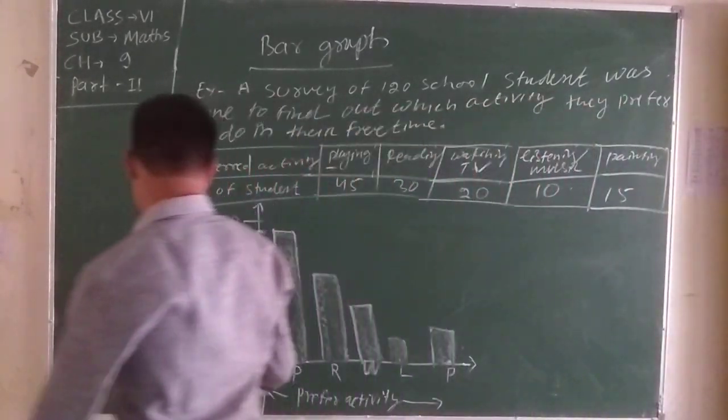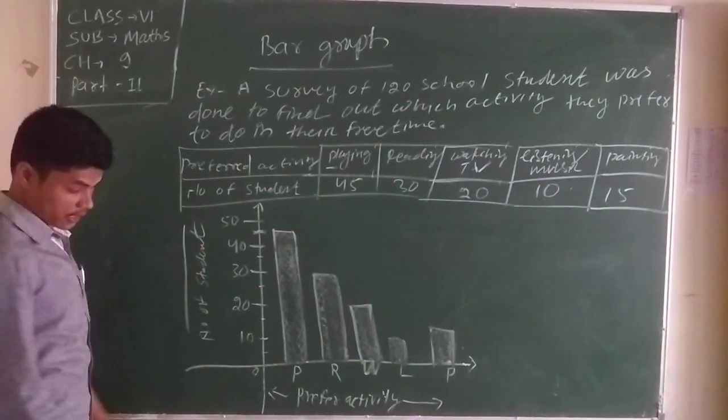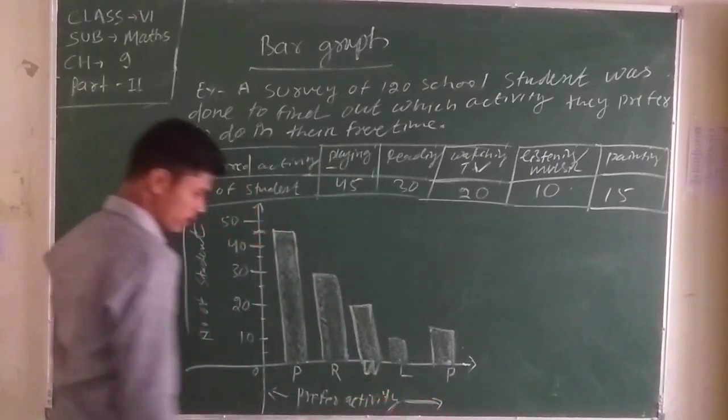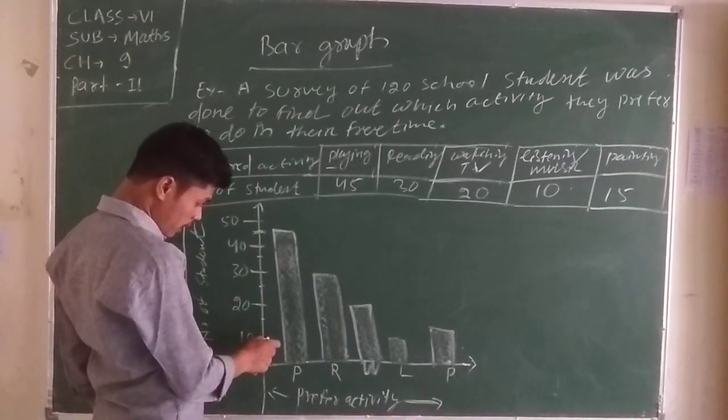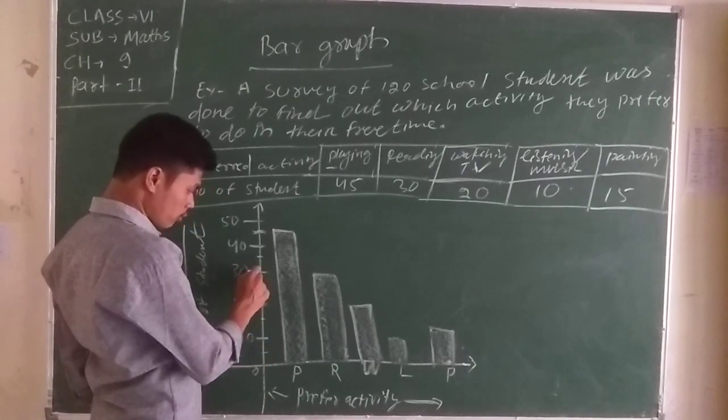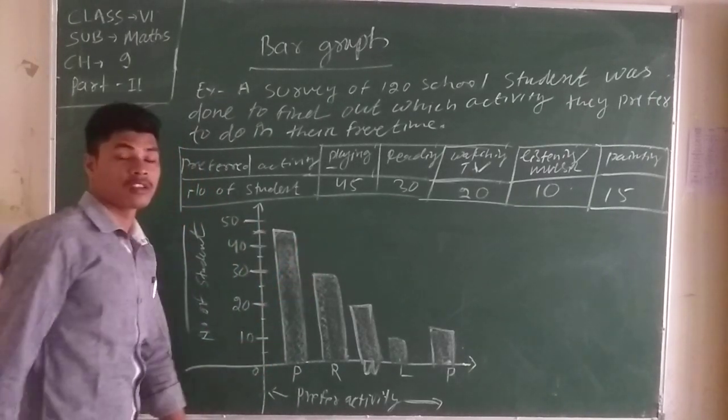So we take number of students on this side and preferred activity on this side. Here we can measure 45. Then we take 10, 20, 1 centimeter equal to 10 units.